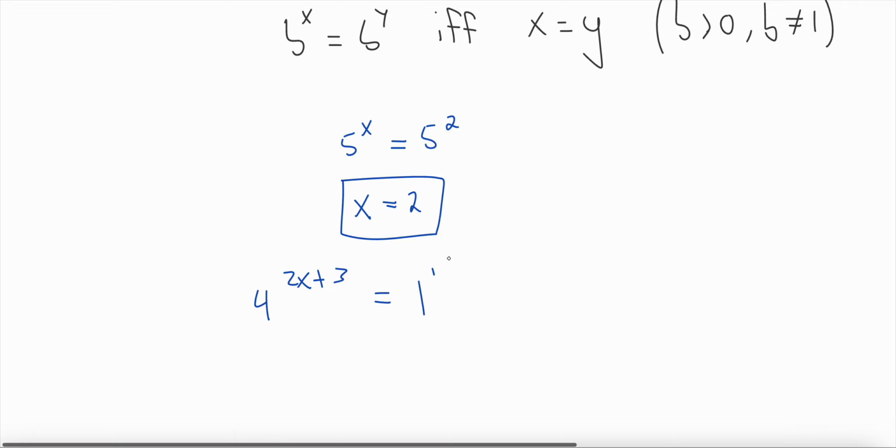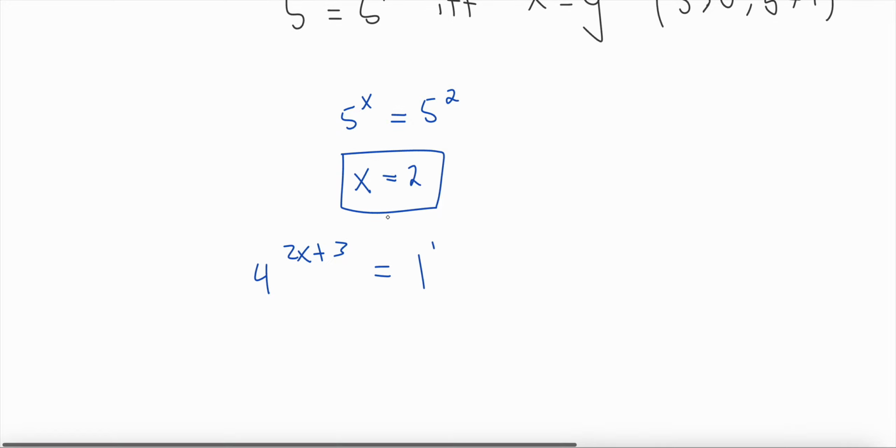Well, we know that any number raised to 0 equals 1. So what we can do is rewrite this as 4 to the 2x plus 3 equals 4 raised to the 0, because again 4 raised to the 0 is just going to be 1, which is what we have right here. So that's a valid move.